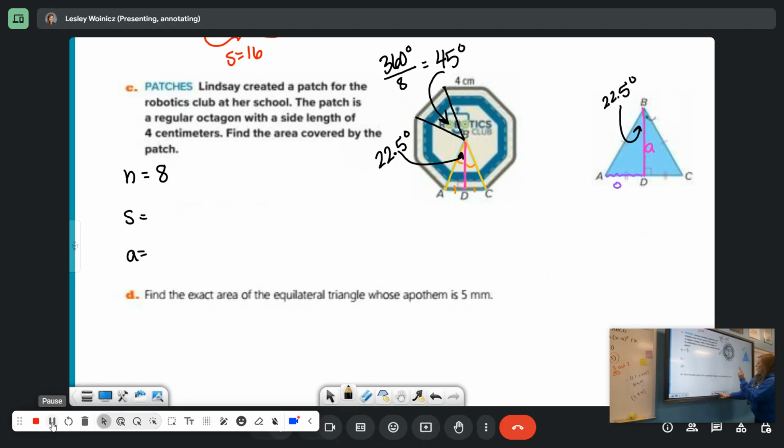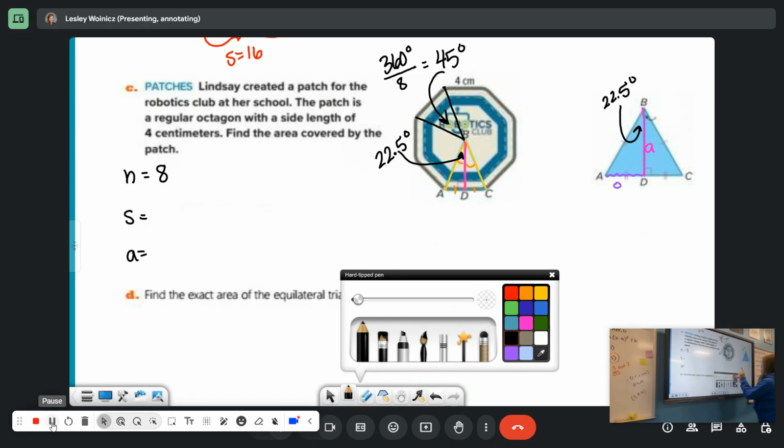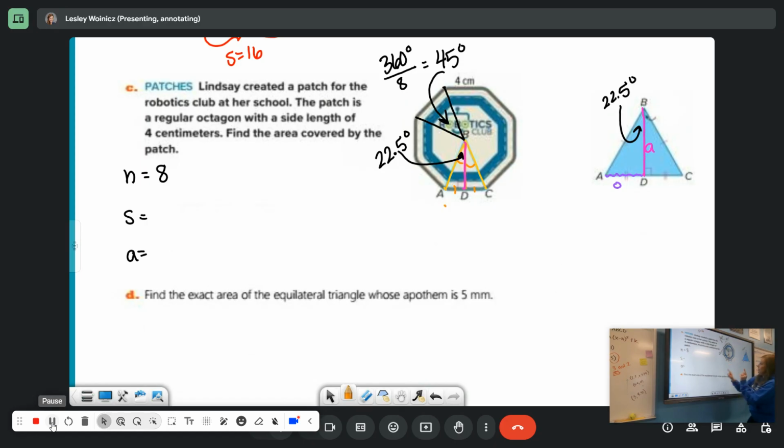So I can use my trig to find those sides, especially because they told me that my side is 4. So I know the S is 4. That's in the picture and here. So this is 2, this is 2, my opposite is 2.